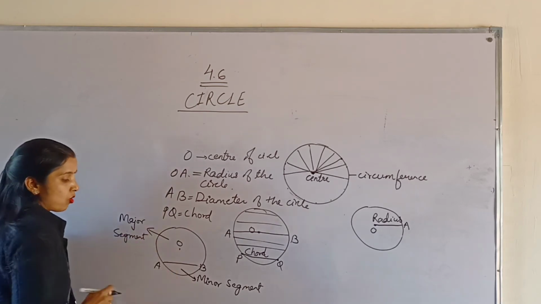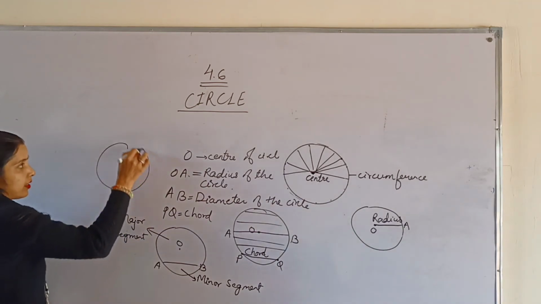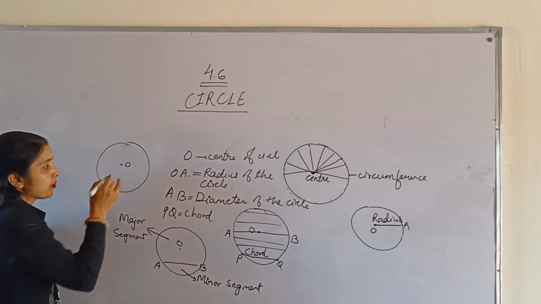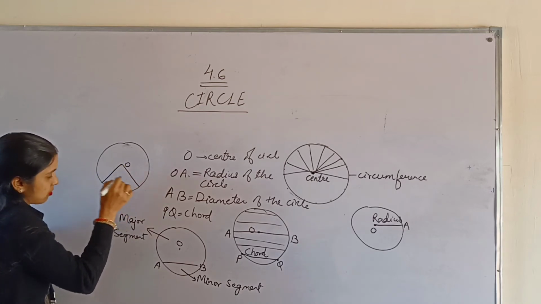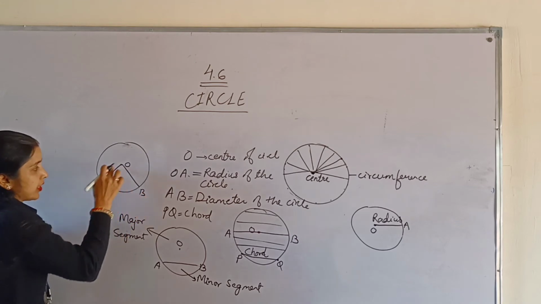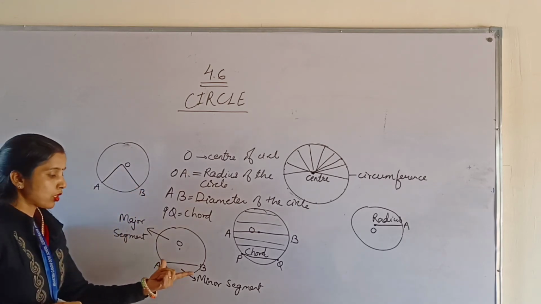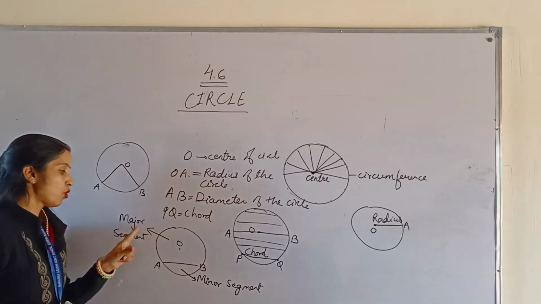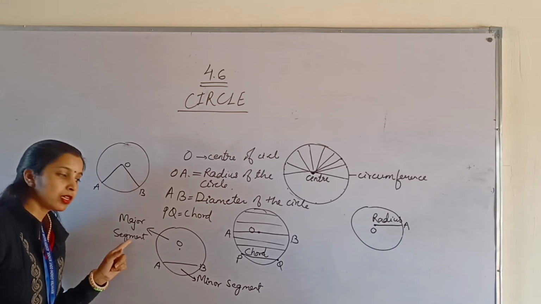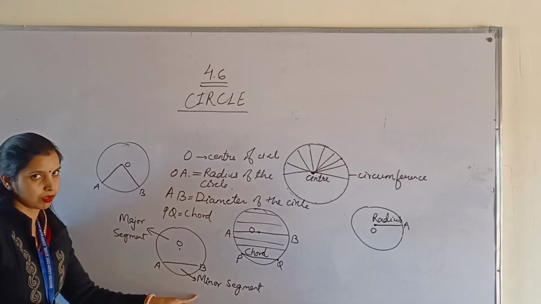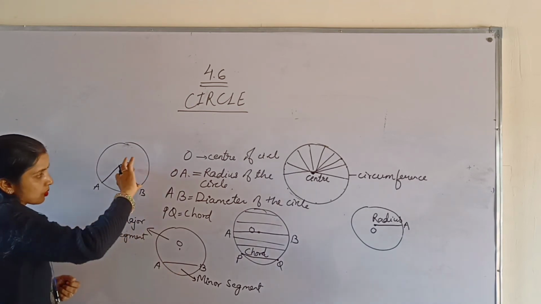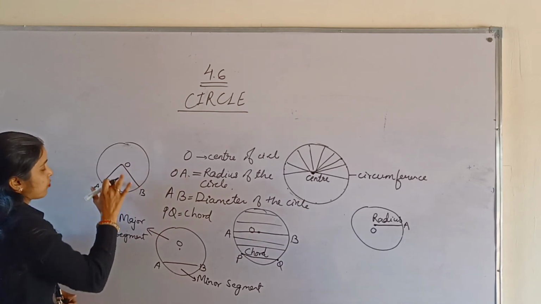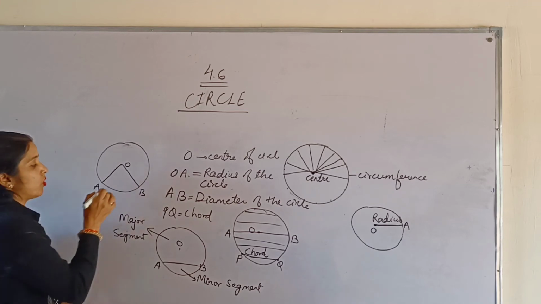This is the center. If I take any other circle, this is the radius, this is the center O. Now I draw any two radii, OA and OB. A chord divides the circle into two parts, the big part called the major segment and the smaller called the minor segment. But if I draw two radii from the center, this type of shape is called a sector. What do we call this?